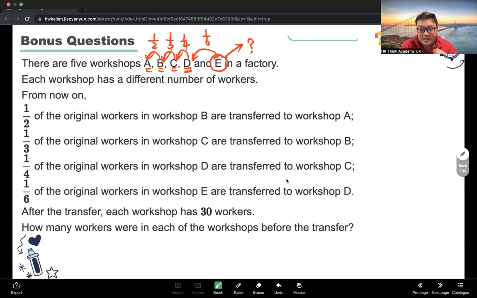And that way you got 30. Does it make sense? In other words, 3/4 times the original number of D plus 6. You have to add that 6 from E, right? And then you got 30.